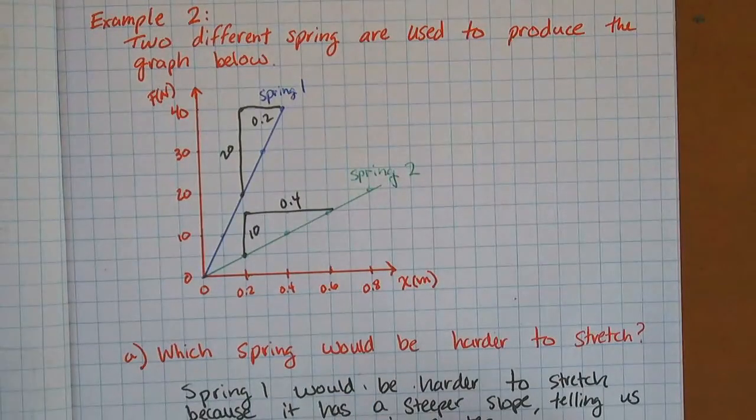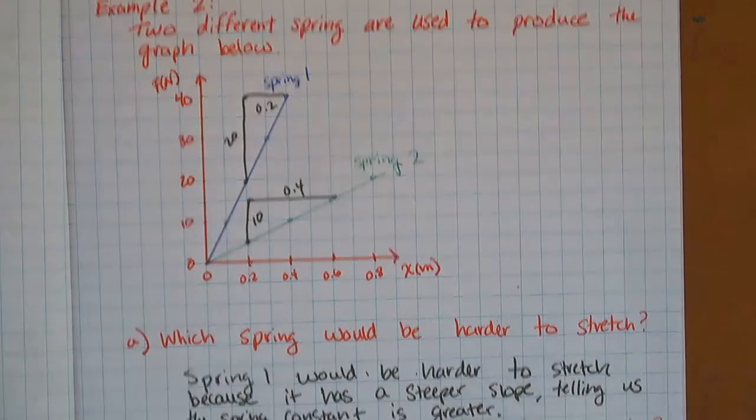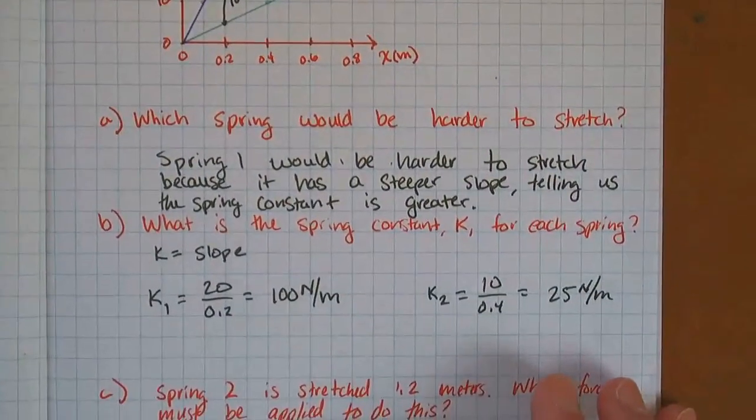So the rise is 10 and the run is 0.4. 10 divided by 0.4 is 25 newtons per meter. Oh shoot, sorry, you can't see that. There you go.